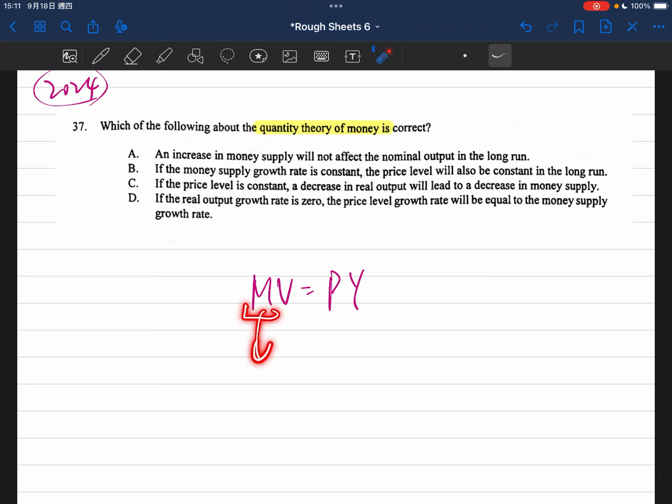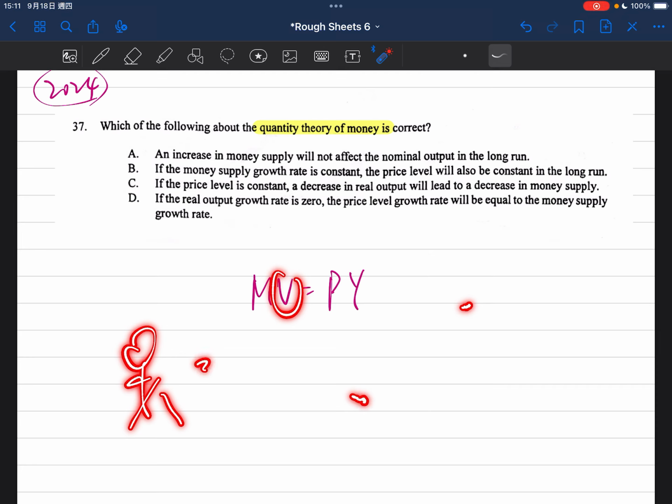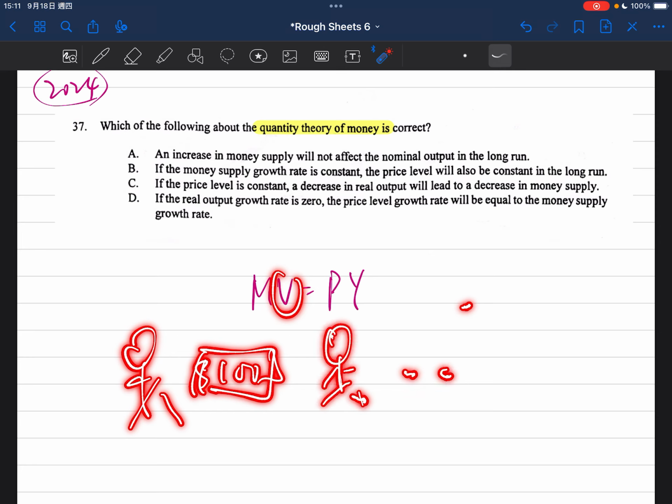Let's recall, M refers to the money supply, V refers to the velocity of money circulation. What does V actually mean? The velocity of money circulation means, for example, I would like to buy something in a fish shop, and I pay this $100 banknote to the seller of the fish, and then the seller of the fish uses this $100 banknote to pay for something else, like to purchase something in the supermarket.